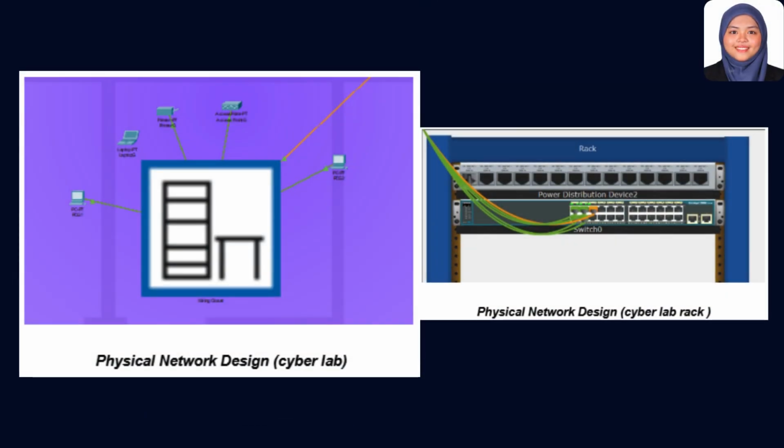Now I'm going to talk about the physical network design in CyberLab, which is the 4th building in the main campus.